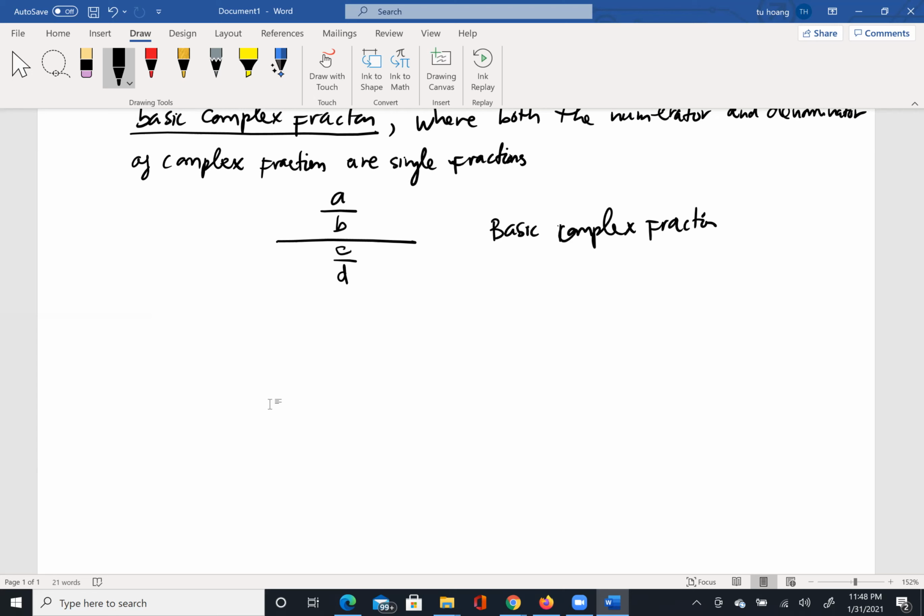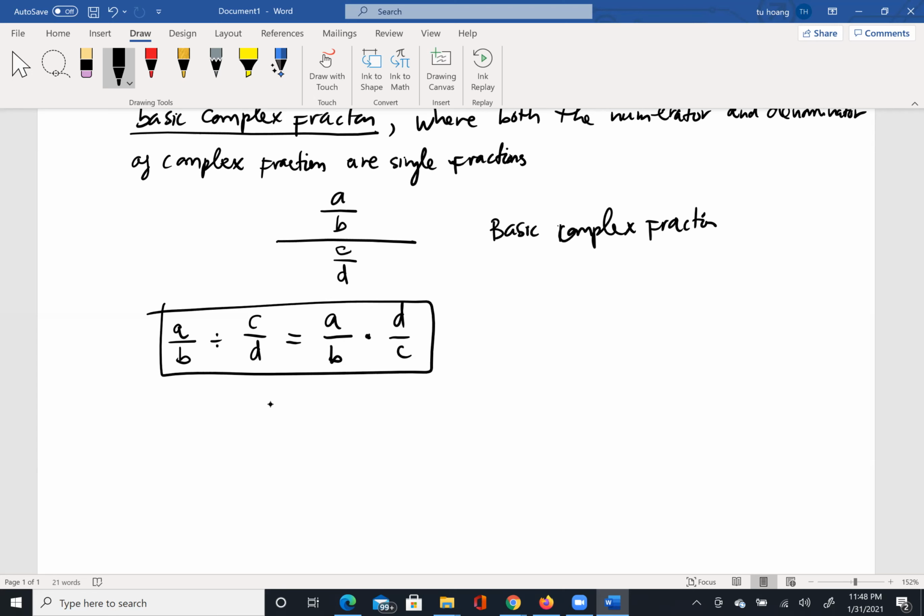And we also have A over B divided by C over D can be rewritten as A over B multiplied by D over C, as I mentioned in the previous section, right?